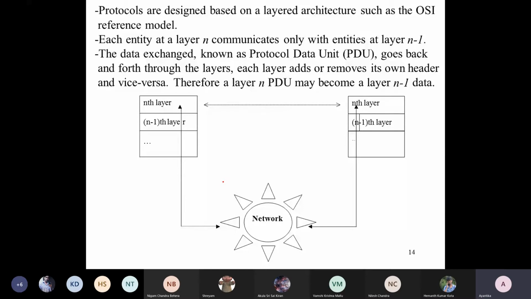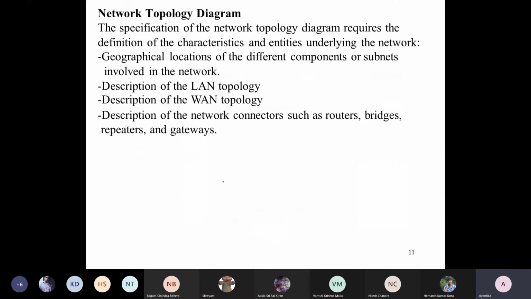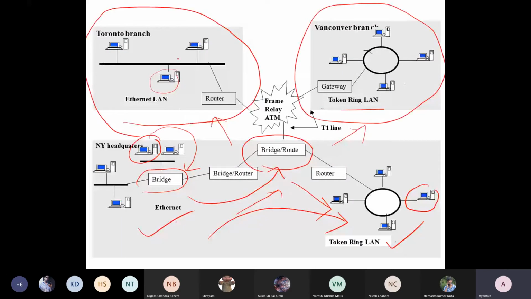Maybe some protocol is governing the data communication within this LAN, and some other protocol is governing the communication between these LANs. So they may be entirely different, but proper translation is required. That's why there are gateways, we also say, these are just terms, for proper translation from one protocol to another protocol.